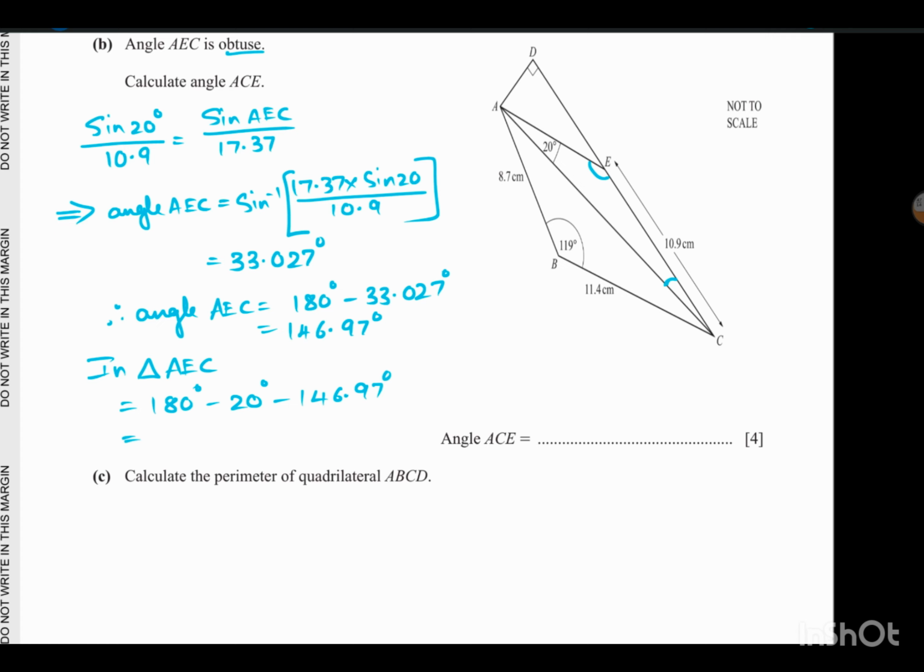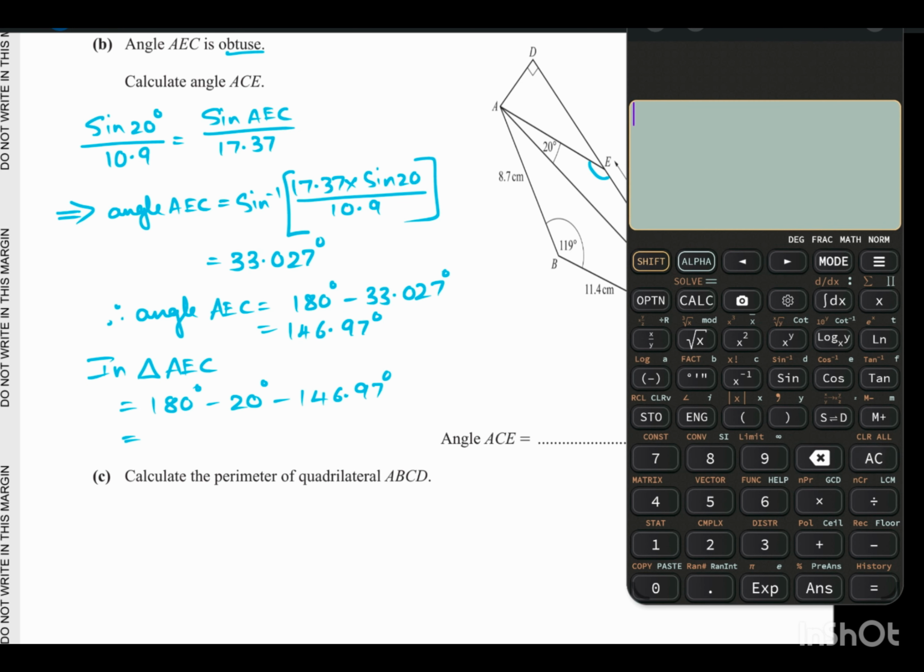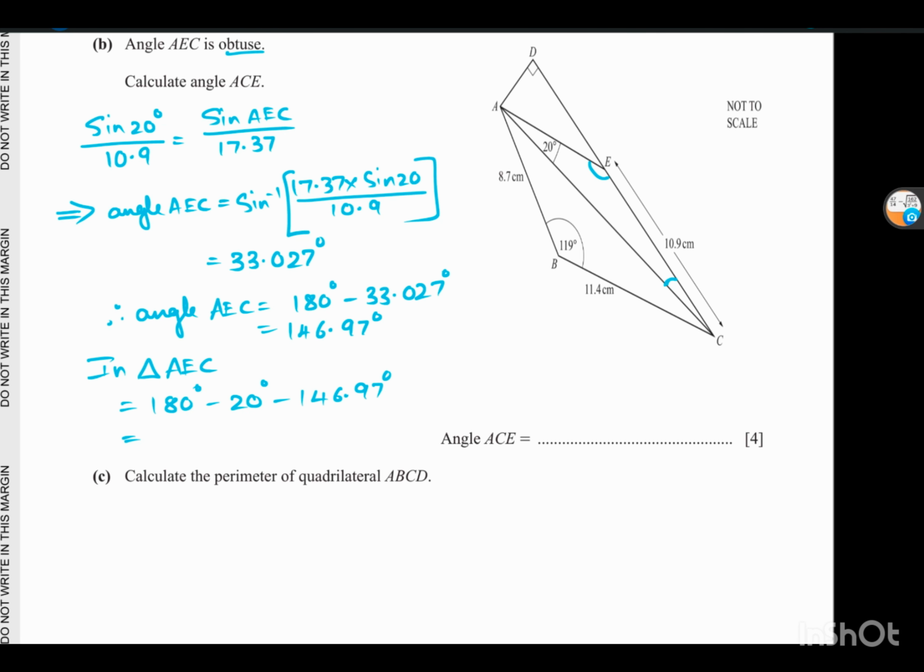You will get the answer. 180 minus 20 minus 146.97, so it is 13.03. So 13.03 is an acute angle there. That is angle ACE.